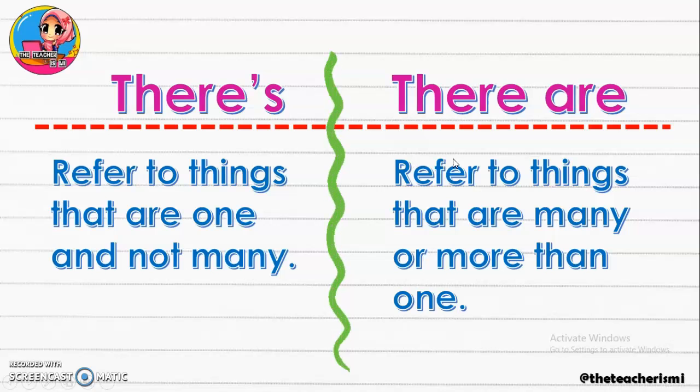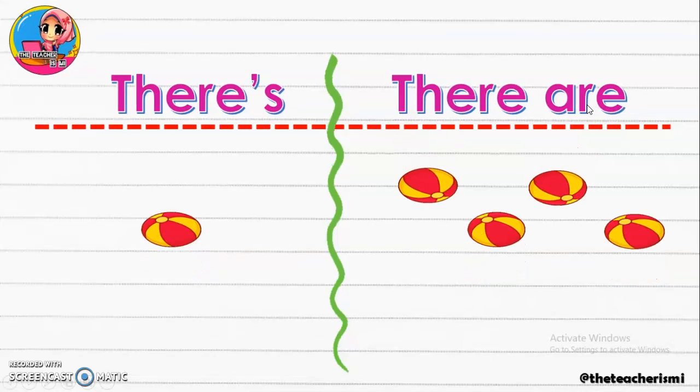Okay, there are refer to things that are many or more than one. There are pula diguna untuk benda yang banyak ataupun lebih daripada satu. Okay, there are. Di sana ada. There's. Di sana ada. There's untuk satu. There are untuk banyak. I hope you still remember, okay?